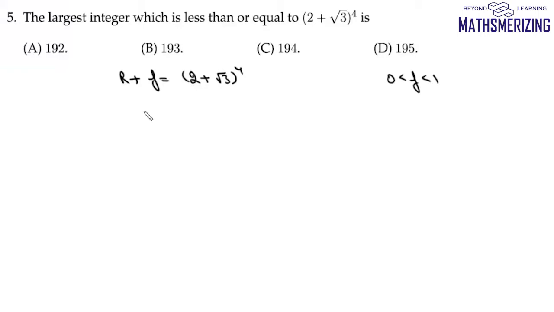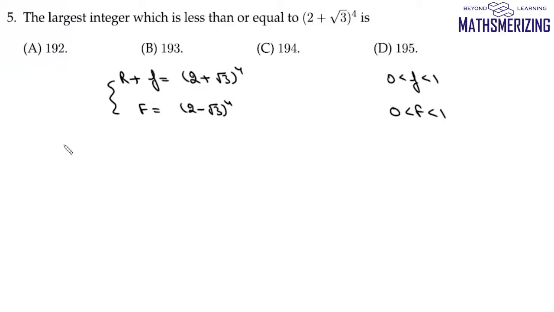Now what we'll also do is we'll consider another term, which is (2 minus root 3) to the power 4. Now 2 minus root 3 is 0 point something, and 0 point something to the power 4 will always lie between 0 and 1. So this value f dash will also lie between 0 and 1.